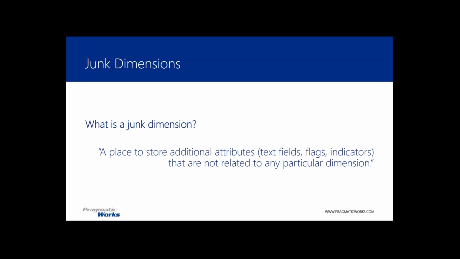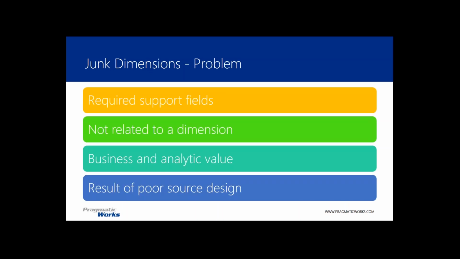So we might have all these different things that are relevant, but they don't really belong inside of our fact table for the reasons we're about to talk about, and they definitely don't tie into any particular dimension. Okay? So the problem here is they are required fields. We definitely need to analyze our data. We need to know how many of our orders are being placed with coupons. We need to know how many of our orders during the order process, something went wrong with our website and we had to have them contact our customer support department.